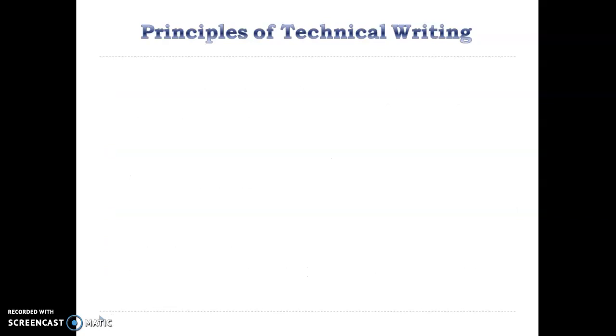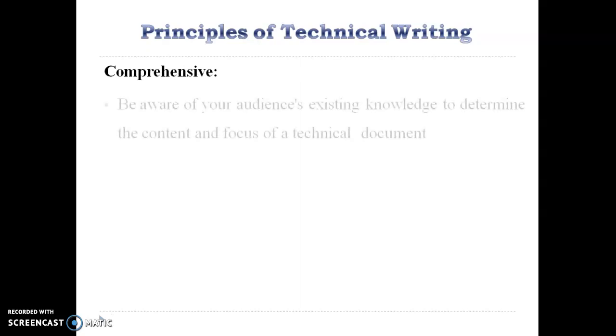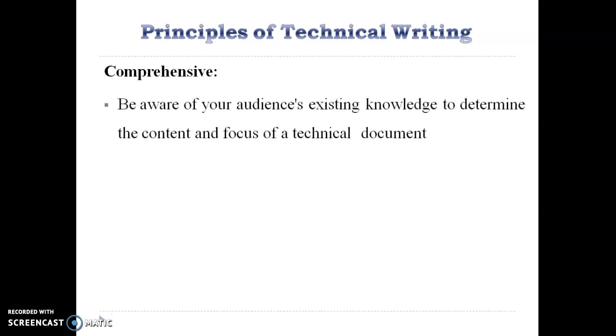All right. Now, moving on to the next principle of comprehensiveness. Make your technical writing comprehensive, which means make it easy to understand for your audience. For that, be aware of your audience's existing knowledge to determine what content and focus your technical document should have.